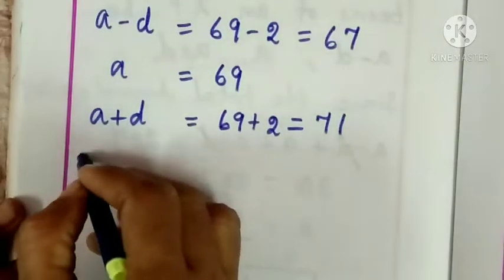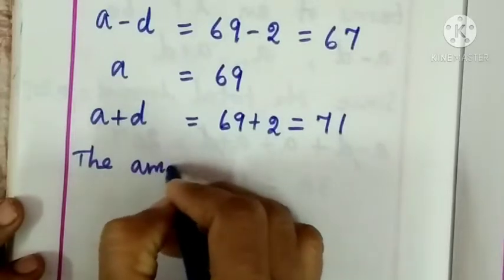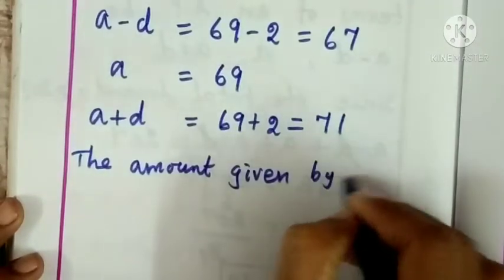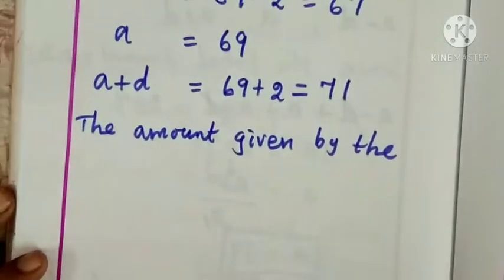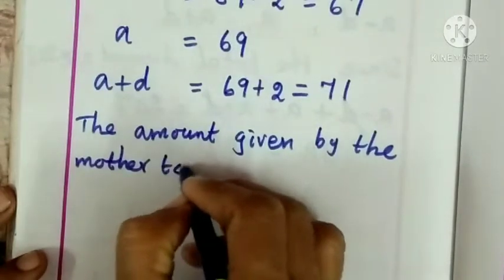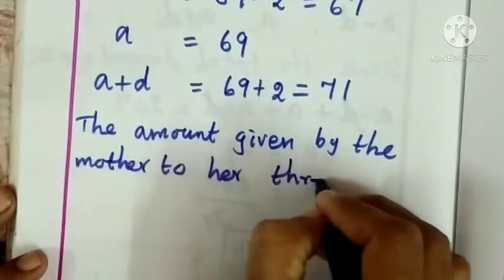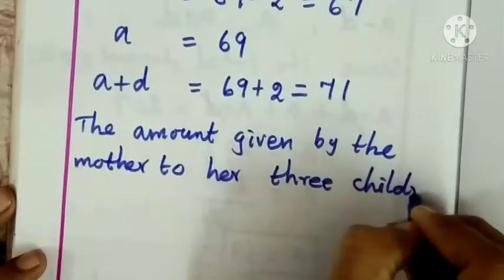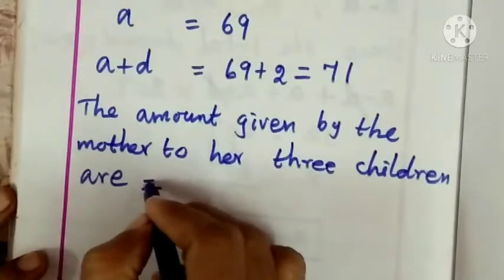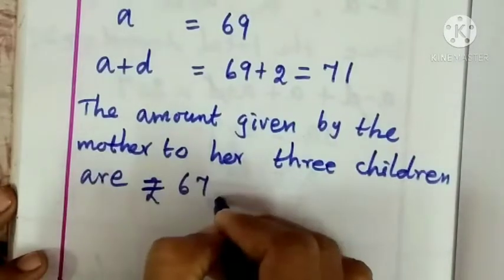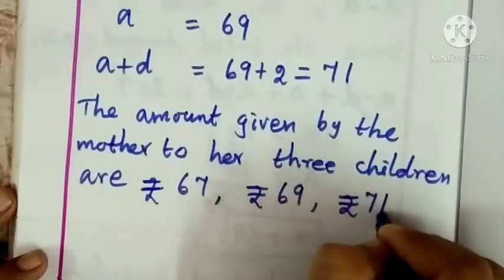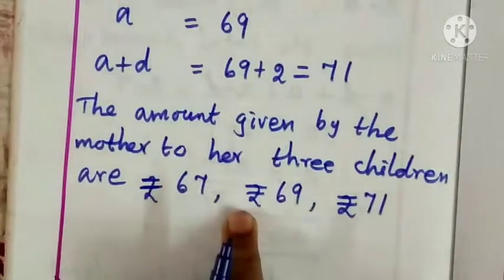Therefore, the amounts given by the mother to her three children are rupees 67, rupees 69, rupees 71. This is the answer for this question.